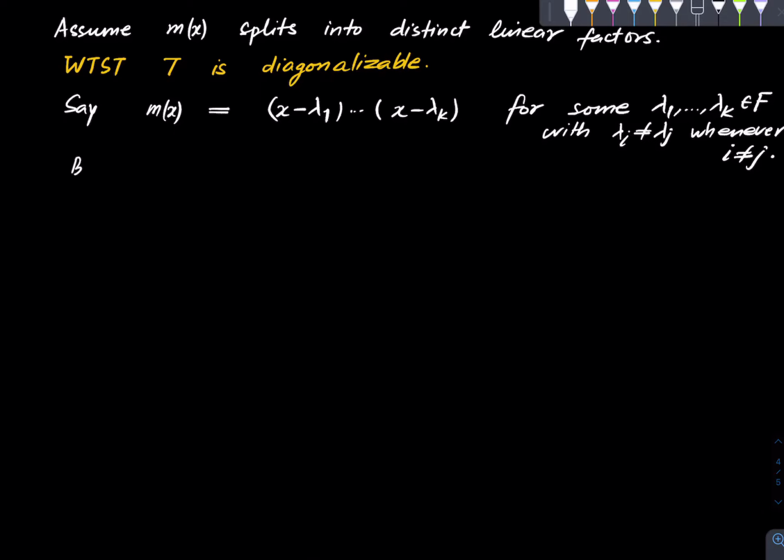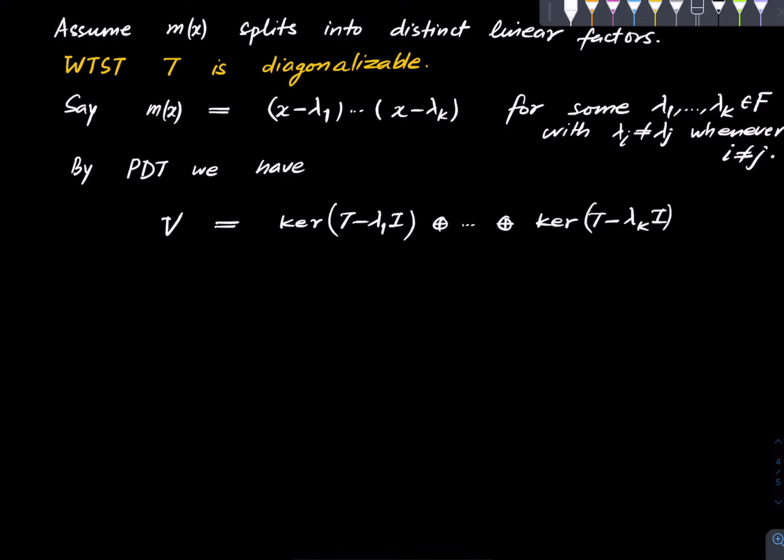And now by the primary decomposition theorem, we have that the vector space is the direct sum of these things. Okay, and now choose a basis of this vector space. This is a subspace and hence a vector space.